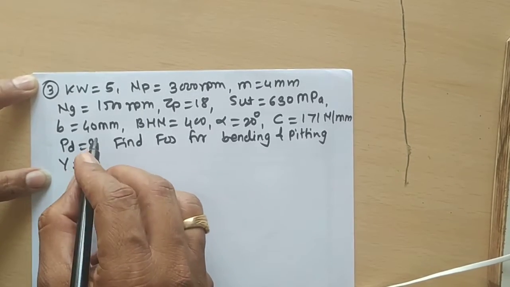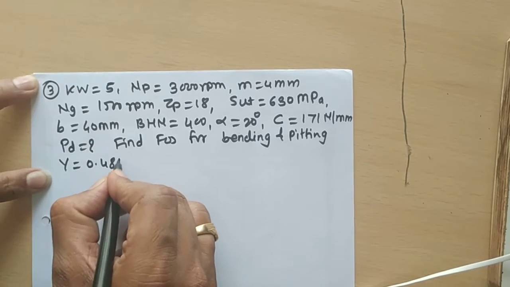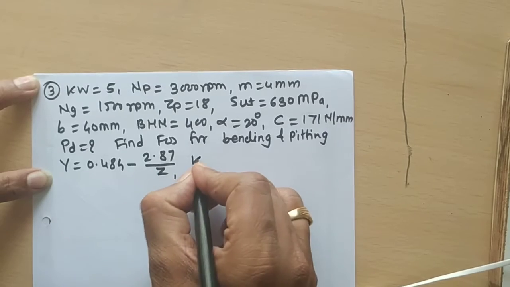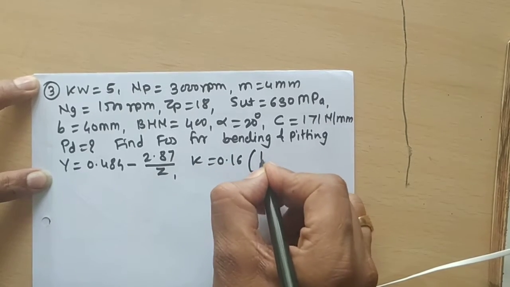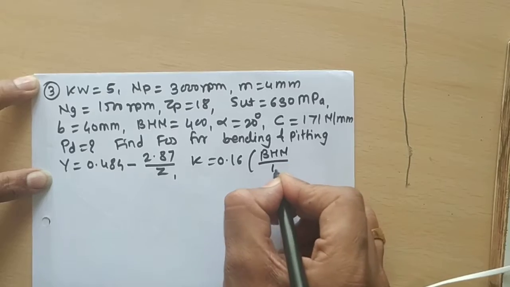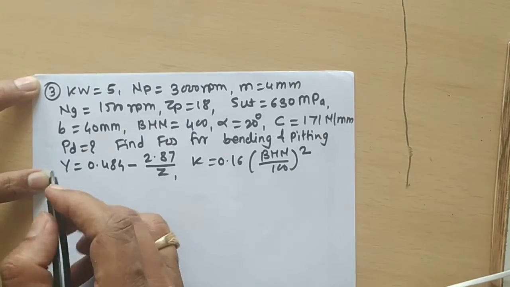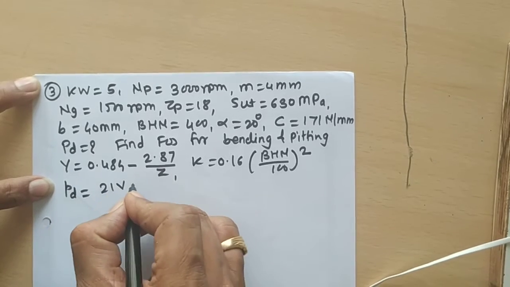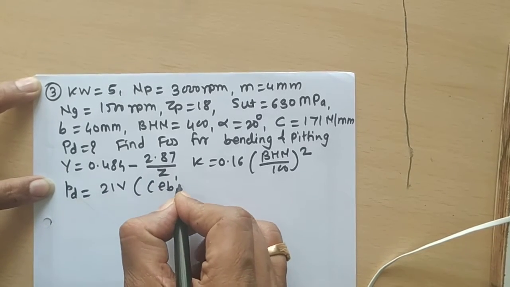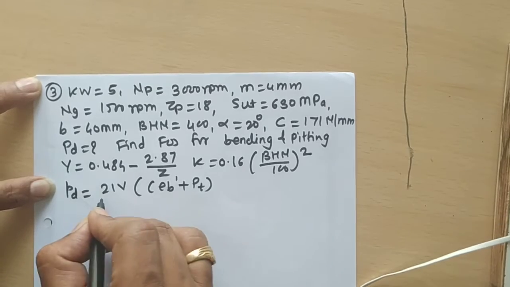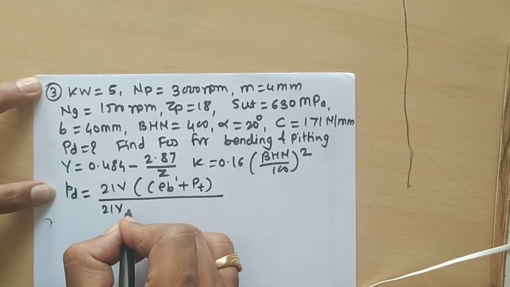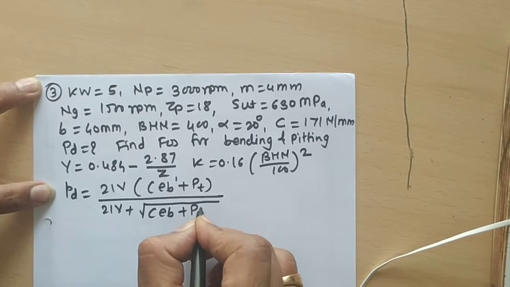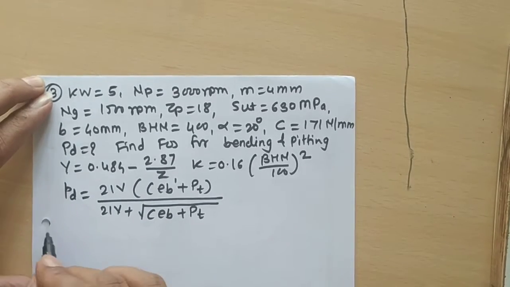Consider Y equal to 0.484 minus 2.87 upon Z, K equal to 0.16 into BHN upon 100 whole square, and the dynamic load PD equal to 21V into (CEB plus PT) upon 21V plus under root of (CEB plus PT). Like this, the numerical is given here.